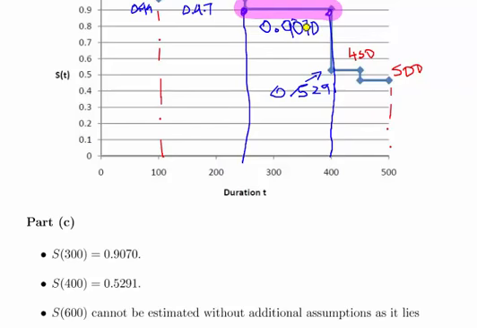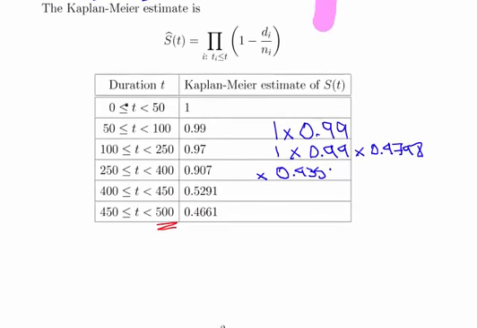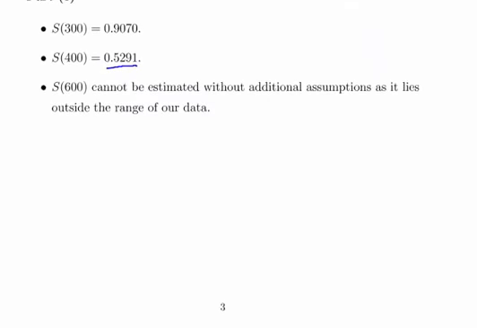Likewise, for 400, we're down here, 0.5291, okay. Sorry, just to be absolutely clear, when I'm verbalizing it, I'm a little bit brief, but it's less than or equal to for the lower bound of the interval, and less than for the upper bound of the interval, okay. So just watch out for that. 600 cannot be estimated without additional assumptions, as it lies outside the range of our values. That's what we said earlier. All right, we'll leave it there.